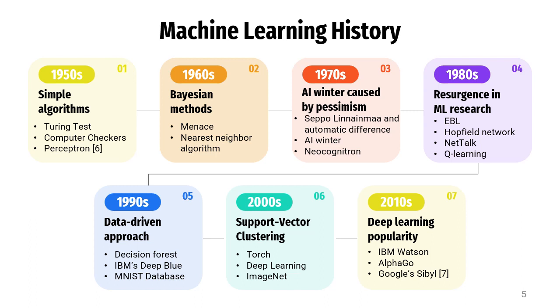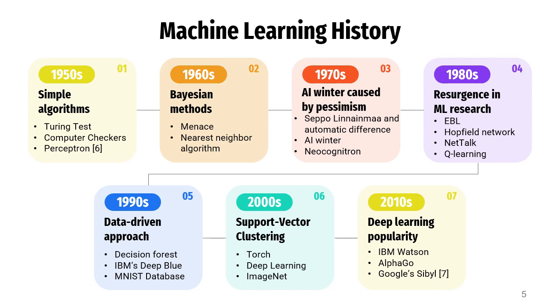Today, machine learning is used in a wide range of applications, from image and speech recognition to natural language processing and autonomous vehicles. It has become a critical tool for businesses and organizations to analyze and make sense of the vast amounts of data generated by modern technology.